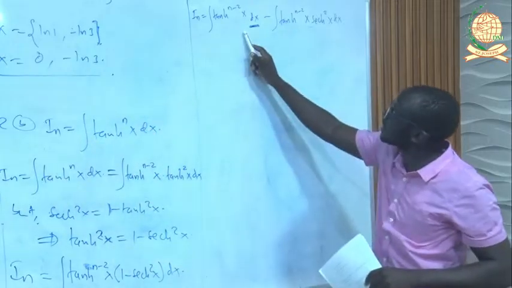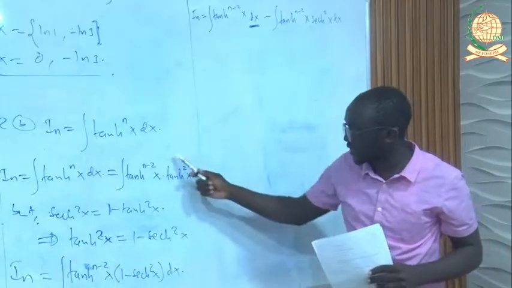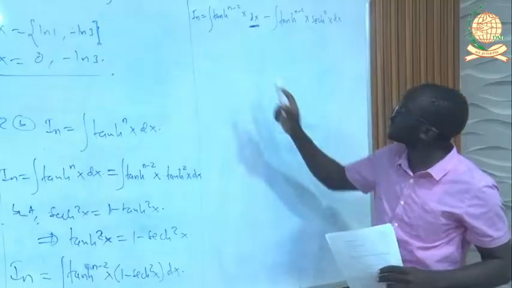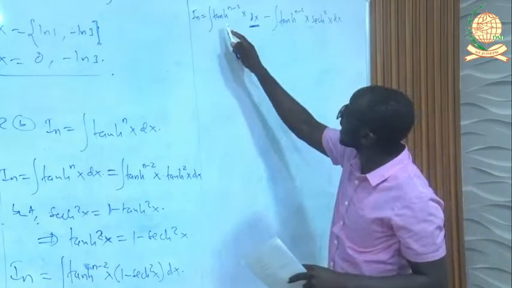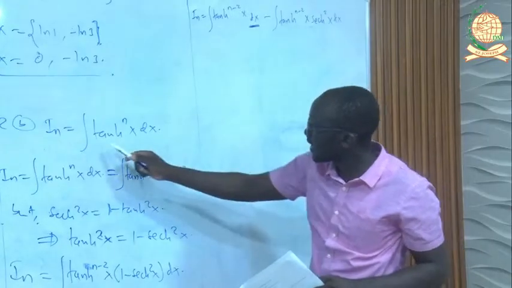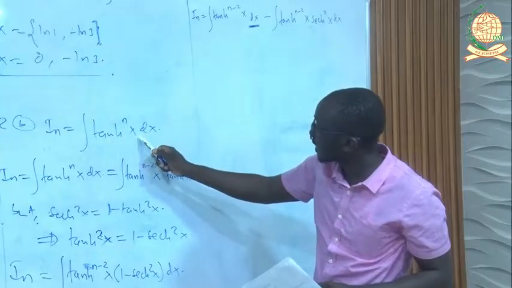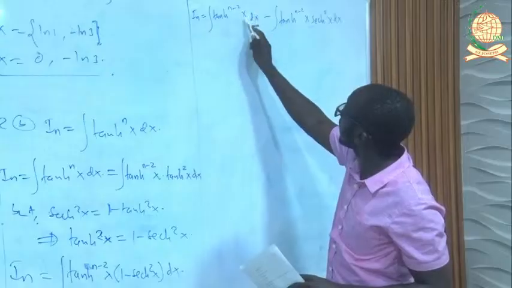So there's something we're going to do here. In our step here, you can see we're done with this transformation after eliminating this tangent square x, and we have something here. This something is the integral of tangent power n minus 2. So you can see here it is tangent power n x dx. Here it is tangent power n minus 2 x dx.